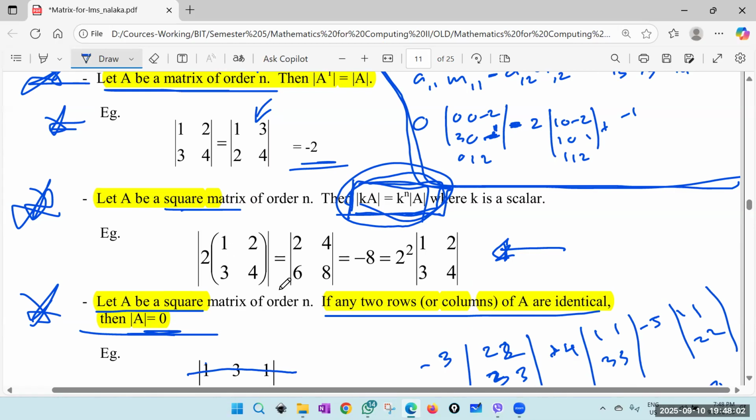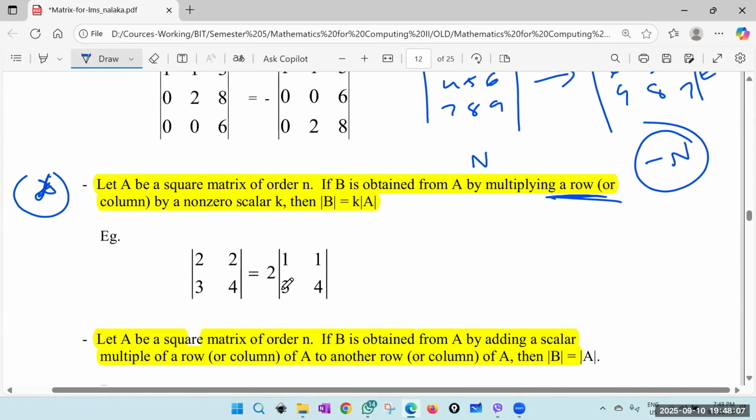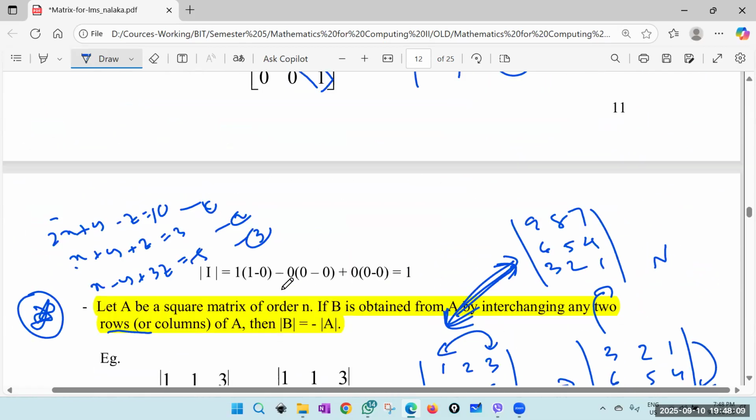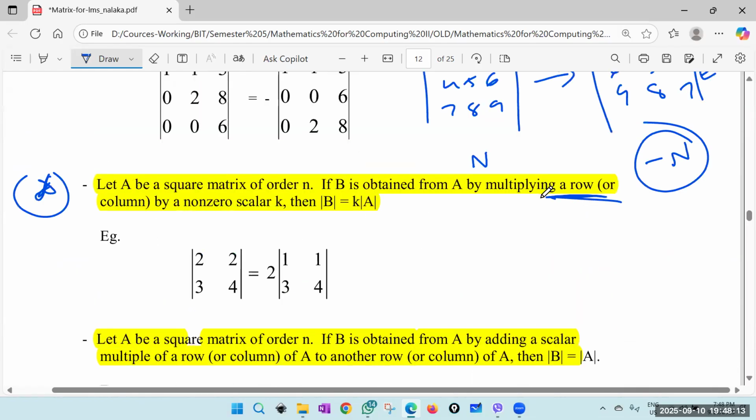This time we don't multiply the entire matrix by a constant. We multiply only one row or one column by that constant. Multiply a row or a column by a non-zero scalar k, then the determinant of the resulting matrix is k times, not k to the power n, the determinant of the original one. That is pretty much common sense.